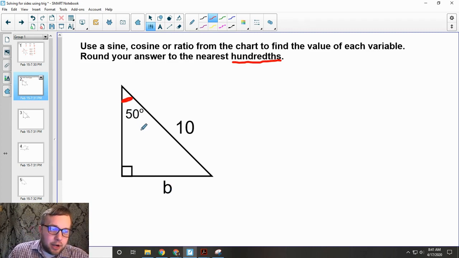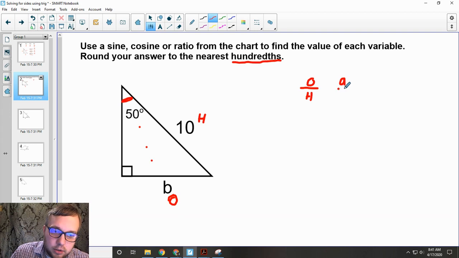Well, I'm going to label out all my sides, and I know that B is my opposite of 50 degrees. So that's O. And the other bit of information I know, the 10, is my hypotenuse, right? Because it's the longest side, across from that right angle. So I know an O and an H. Which one uses O and H? Well, remember, I use Oscar had a hold on Arthur.